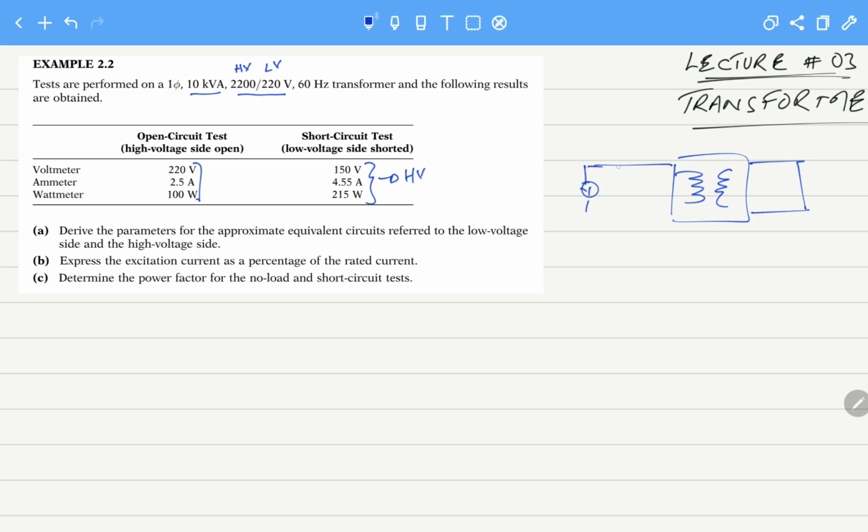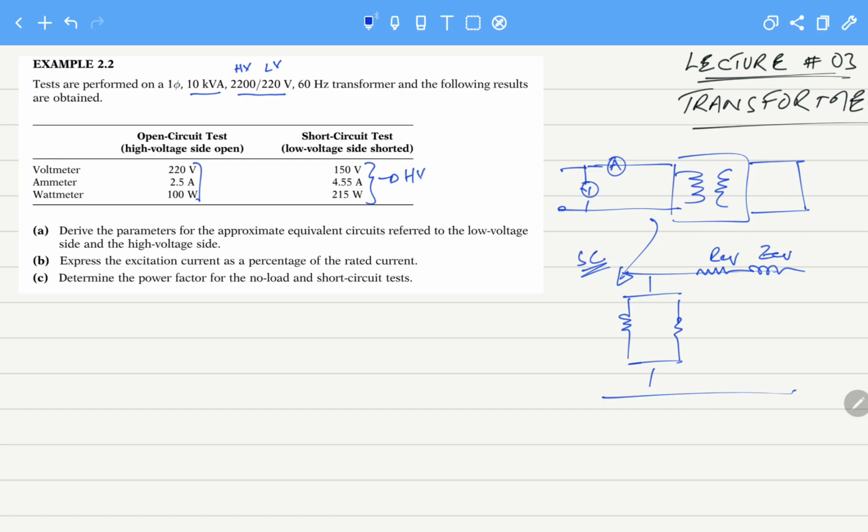The short circuit test is used to calculate R equivalent and Z equivalent. Whatever values we calculate will be reflected to the high voltage side, that is the primary of the transformer.